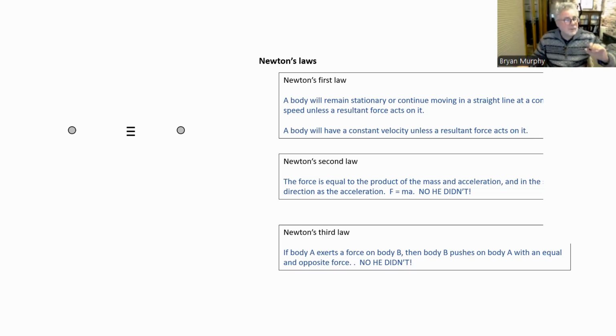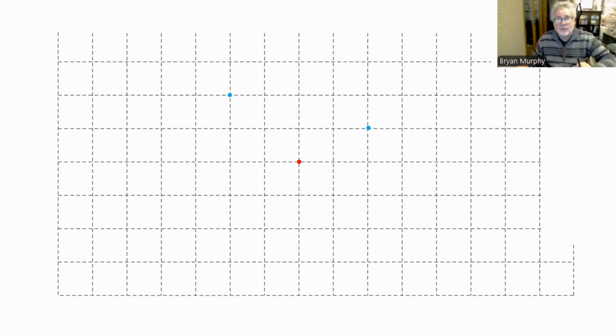So we've got our forces now. We now know that this thing is going to accelerate if there is a resultant force. Now, I'm going to go back to my little diagram here. I'm going to draw, not with my ruler because I can't be bothered, a force like that, and a force like that.